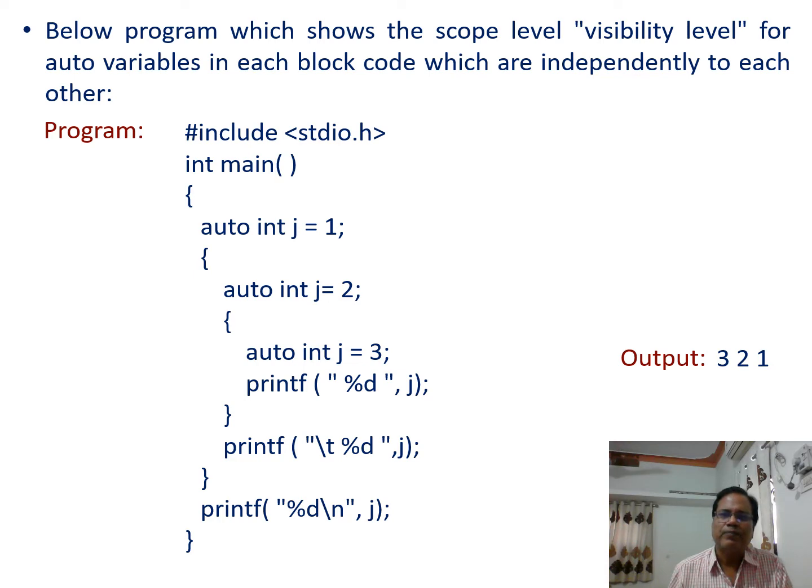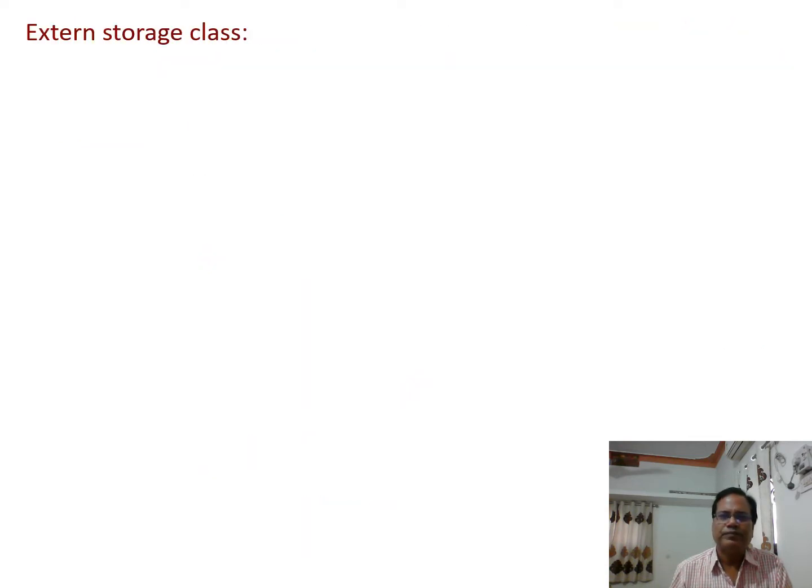Finally, in the outermost block, the value of variable j is initialized as 1, and so we get 1. Output is 3 2 1. So from this program we see the visibility of the variable: an auto storage variable has visibility only in the block in which it is defined and declared.